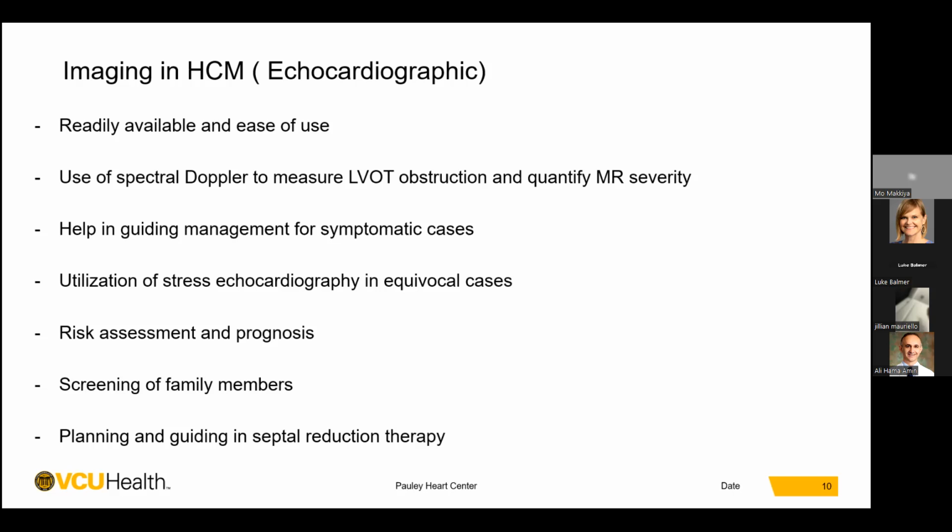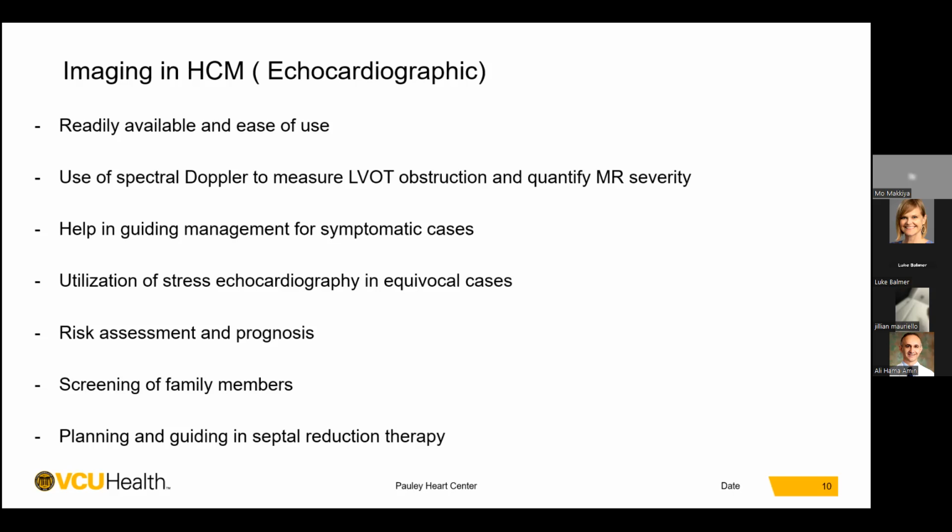Also to evaluate valvular disease, including mitral valve and mitral regurgitation. It helps in guiding management for symptomatic cases, as we can use stress echocardiography for diagnosis of provocable obstruction with exercise, when we are not sure about the symptoms or the degree of obstruction. It also has a role in risk assessment, prognosis, and definitely family member screening.